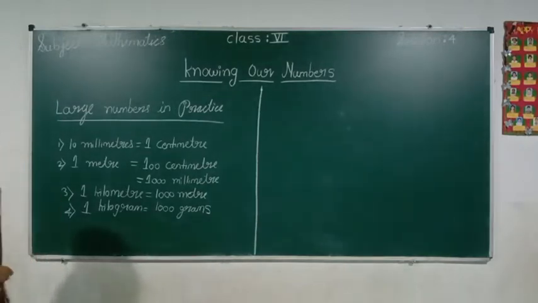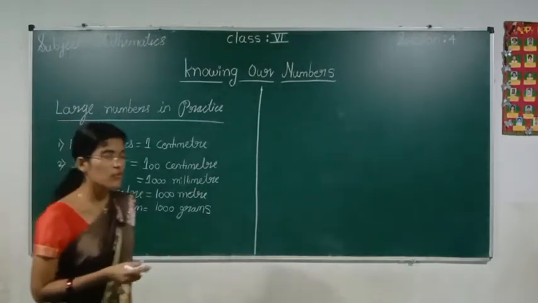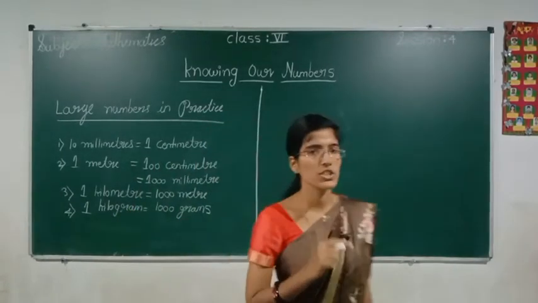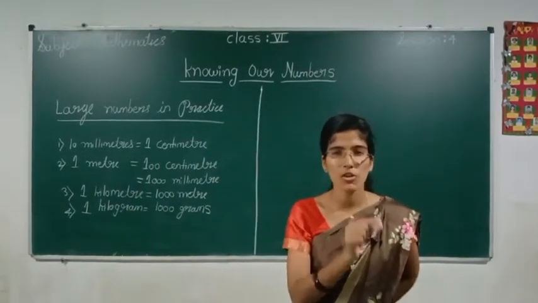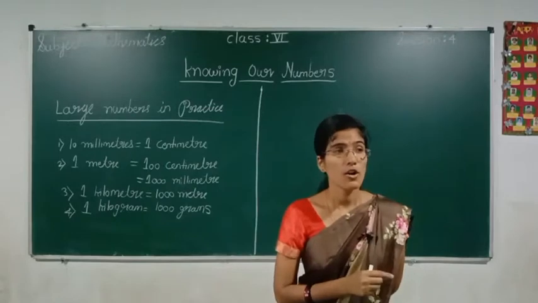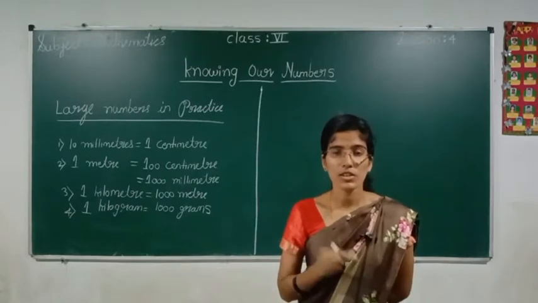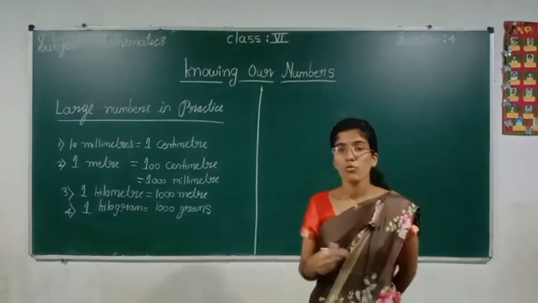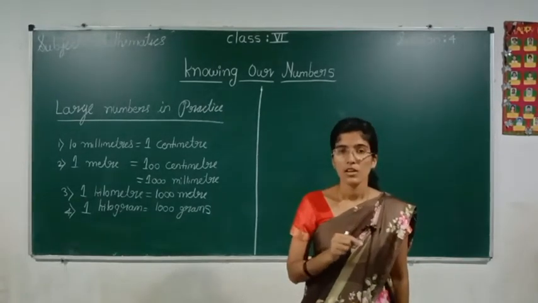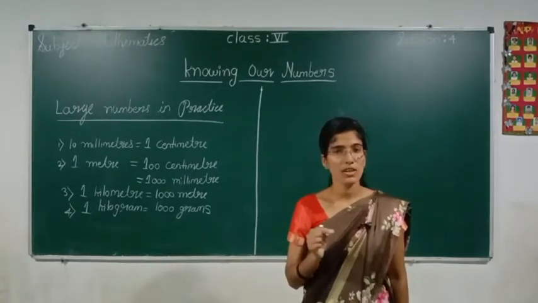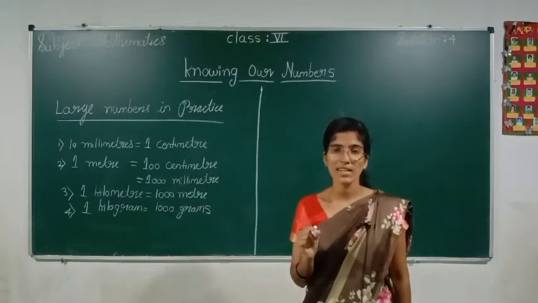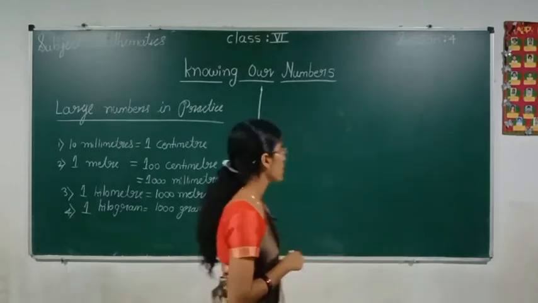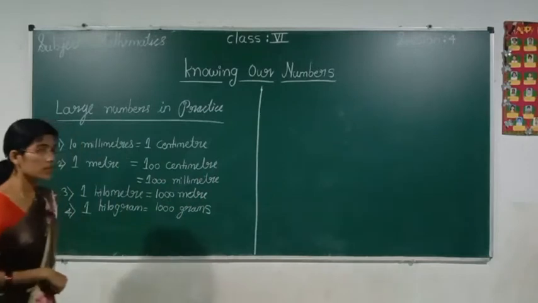Now see here, if you want a small quantity of ginger or chili powder, will you ask him to give 1 kg of chili powder or 1 kg of ginger? No. At that time we are going to use the milligram.